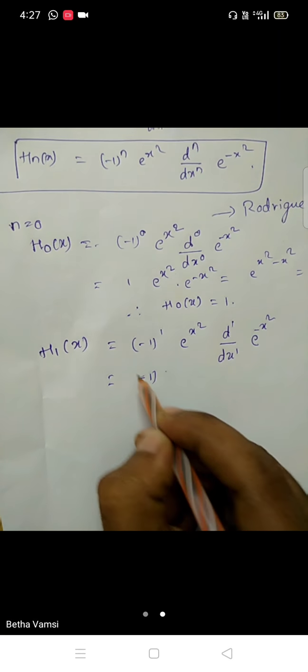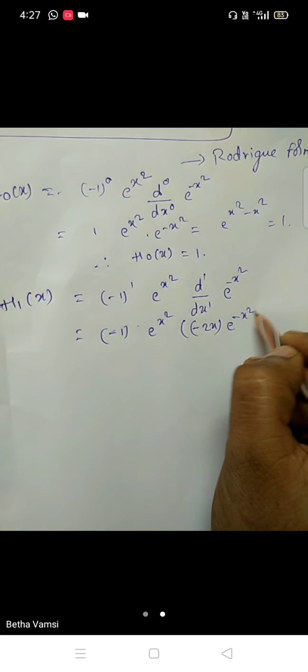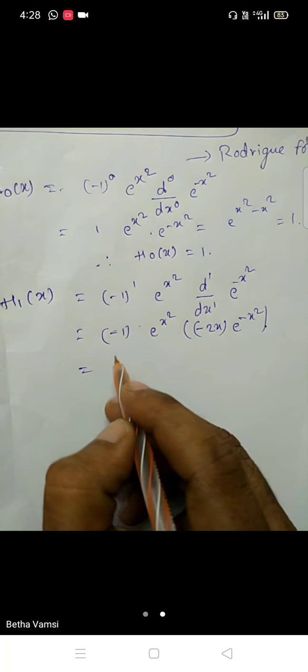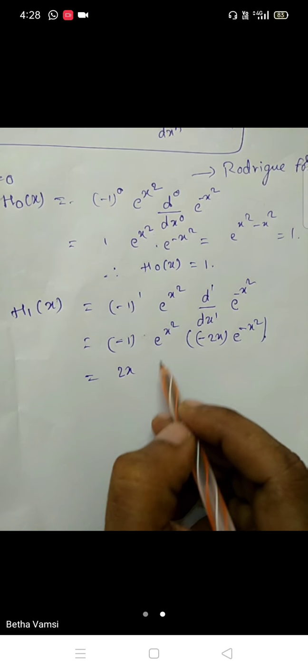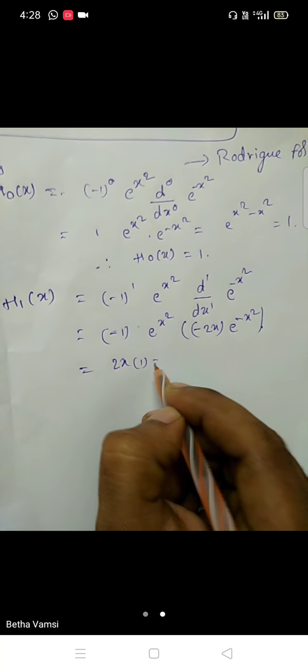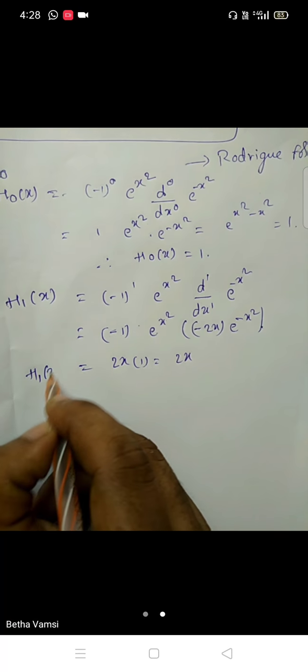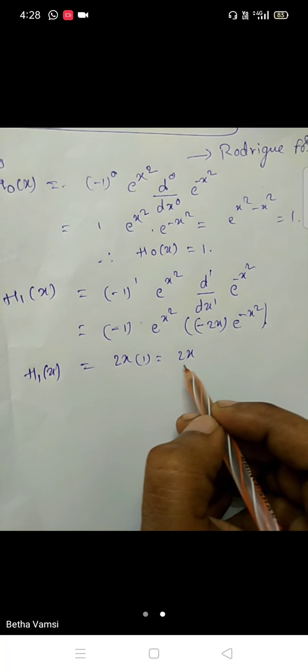The first derivative will be minus 2x into e power of minus x square. Minus minus is plus, so you get 2x into e power of x square into e power of minus x square, which is 1, so it equals 2x. Therefore h1 of x is equal to 2x.